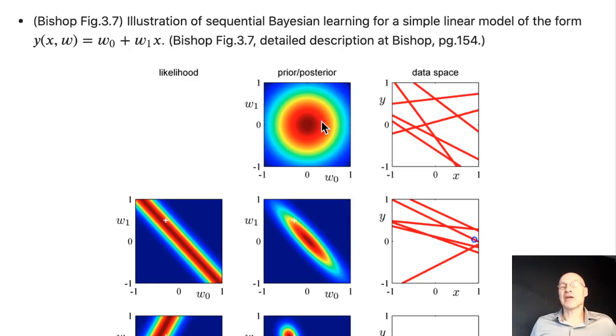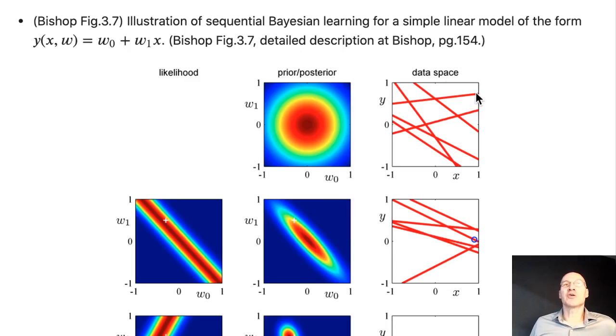So we're going to get values then for W0 and W1, plug them in here and draw the line. And then you get a line like this. And if I draw another sample from this distribution, let's say around here, I'm going to get a line like this. And I do this a few times, and then you'll see that if this is my knowledge about W, it could still be any line, right?